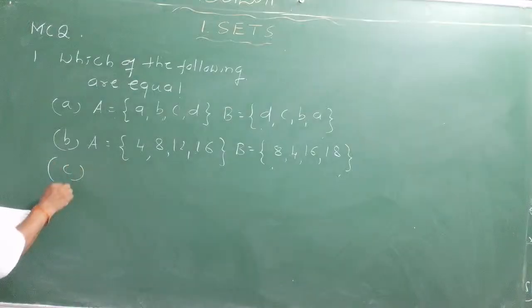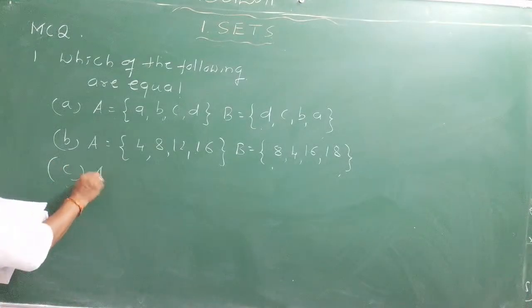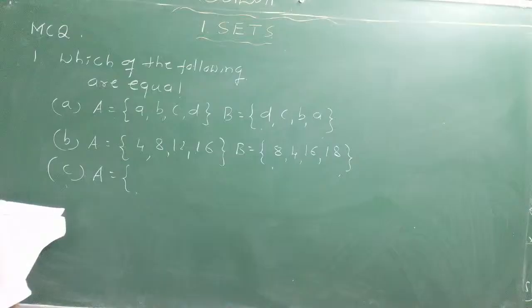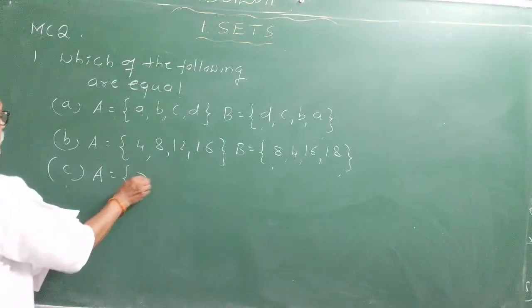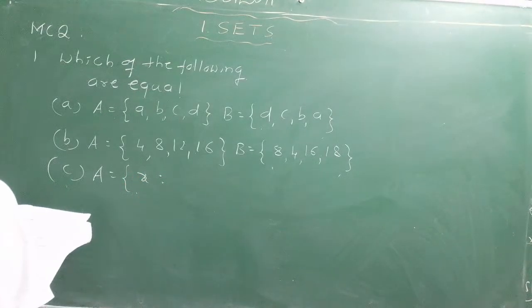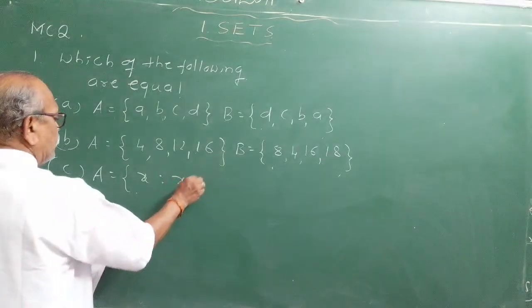Option C. A is equal to the set of all x such that x is a multiple of 10.